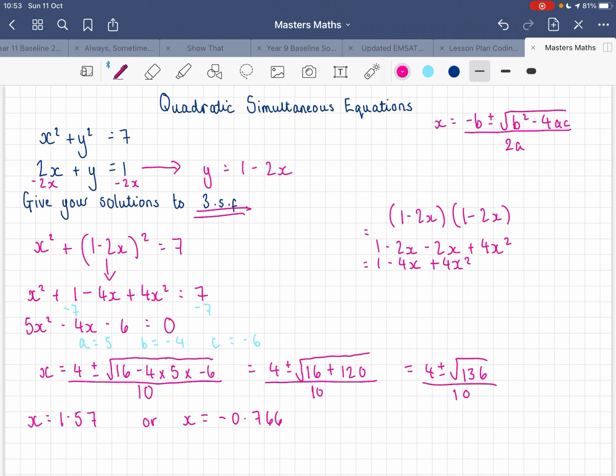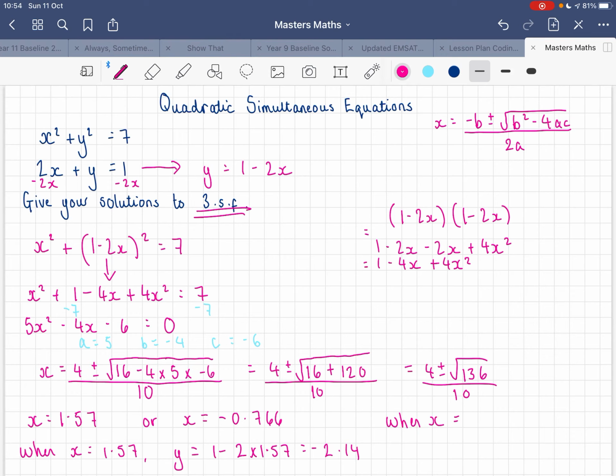So then find the y's. So when x is 1.57, y is 1 minus 2 times 1.57, which again I'm just going to type straight into my calculator. Use a bracket around the multiplication to make sure you don't get any funny answers, but you get y is negative 2.14. And then do it again. I'm running out of space, we're going to put it up here.